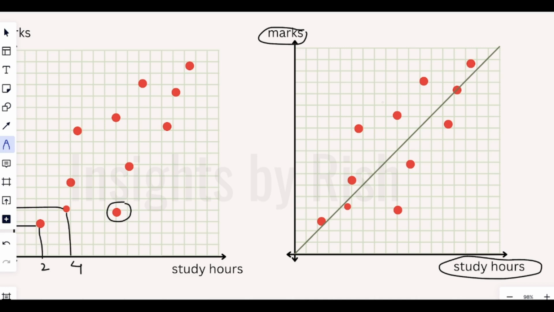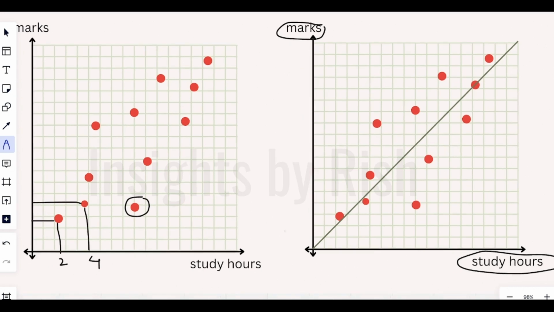So this is a kind of linear regression where there is a linear relationship. When one input variable is increasing, the dependent variable is also increasing. So the main thing that we do in this linear regression is to draw this line. Initially, when we plot the line, we have to draw the line that passes as close as possible from all these points.